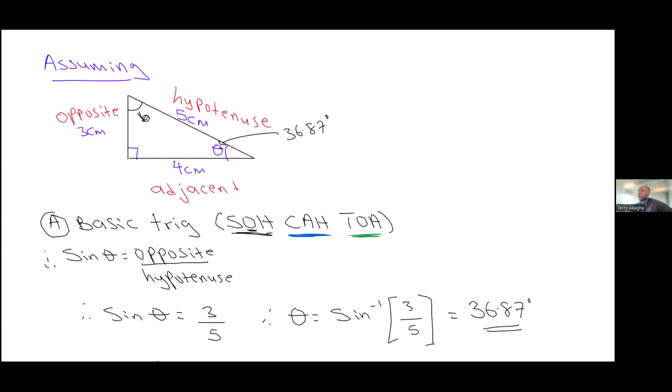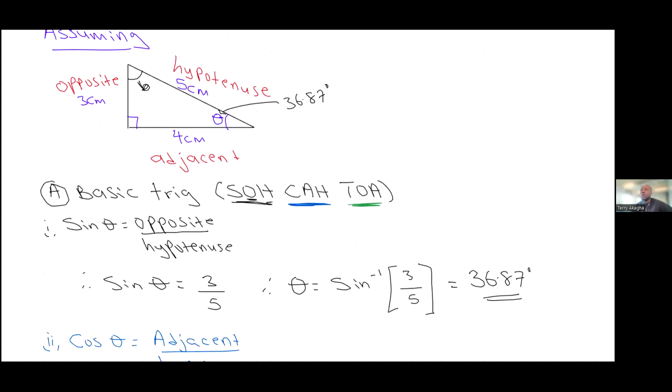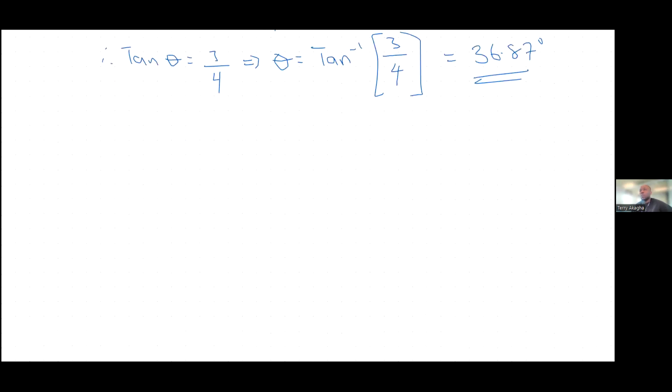Now, if you go back, I told you that the sum of the angles in a triangle is 180 degrees. Okay?